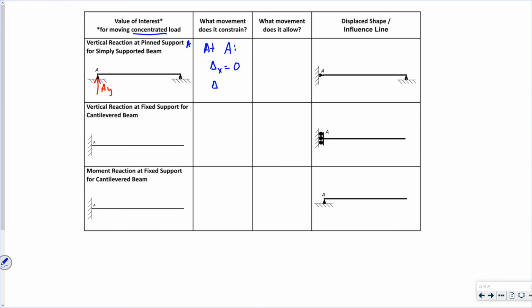My deflection in the Y direction is 0. What movement does it allow? It still allows some rotation. A pin, right, allows rotation.